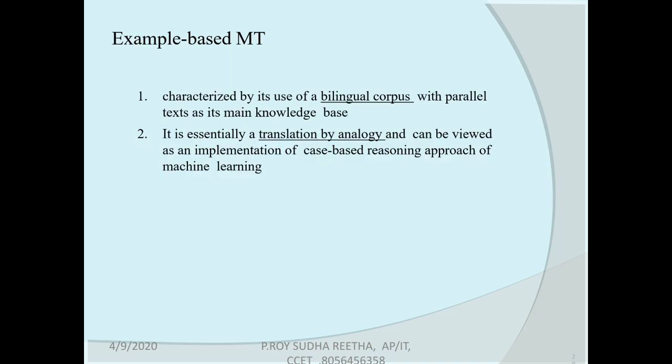Example based machine translation is categorized by the use of a bilingual corpus with a knowledge base. The bilingual corpus is essential for translation by analogy, and can be viewed as an implementation of the case based reasoning approach of machine learning.